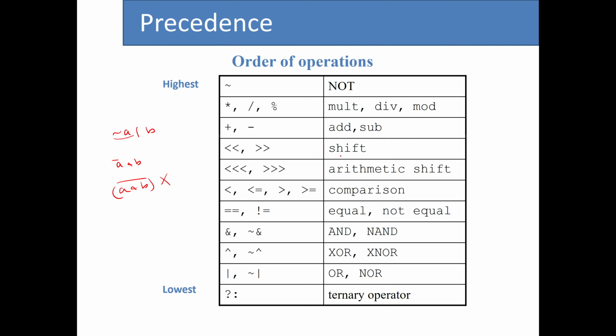We will go over them in a later lecture. Then we have comparisons, then equal or not equal. And then AND, NAND, XOR, XNOR, OR, NOR, and finally the ternary operator.